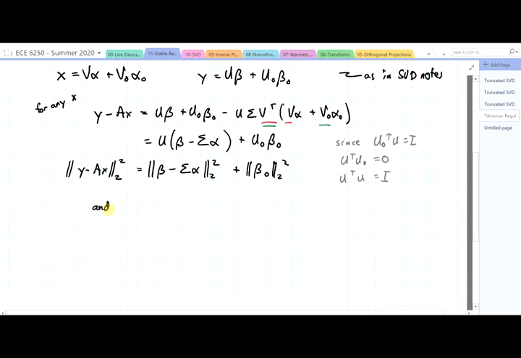And we also know that the norm of x squared is equal to the norm of alpha squared, like that. Okay.